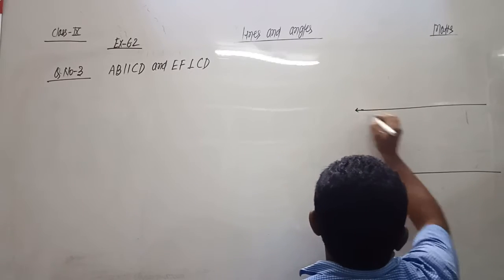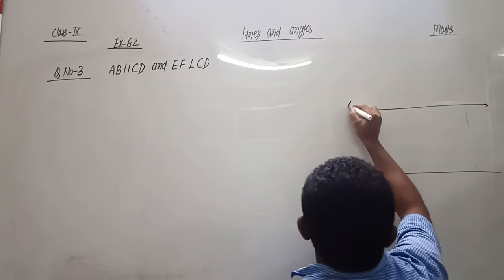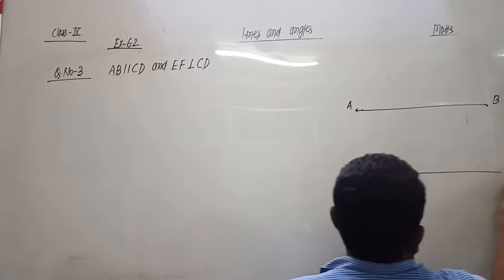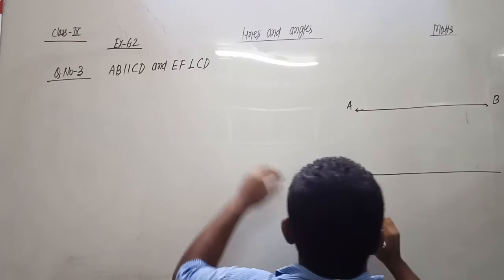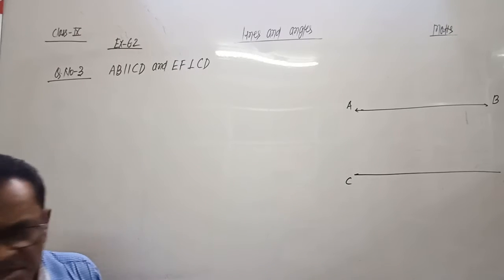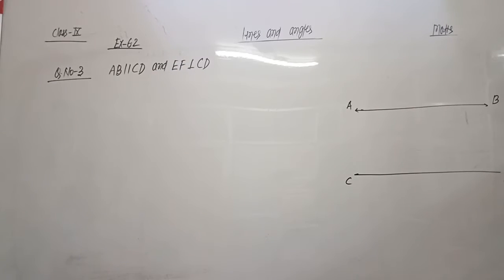There are two parallel lines, AB and CD, and EF is perpendicular to CD.